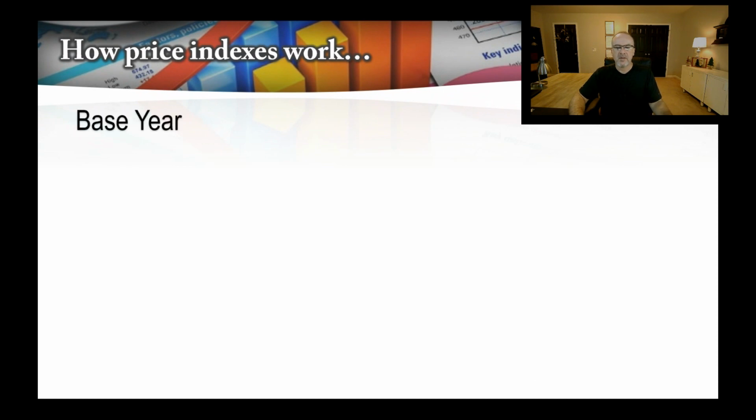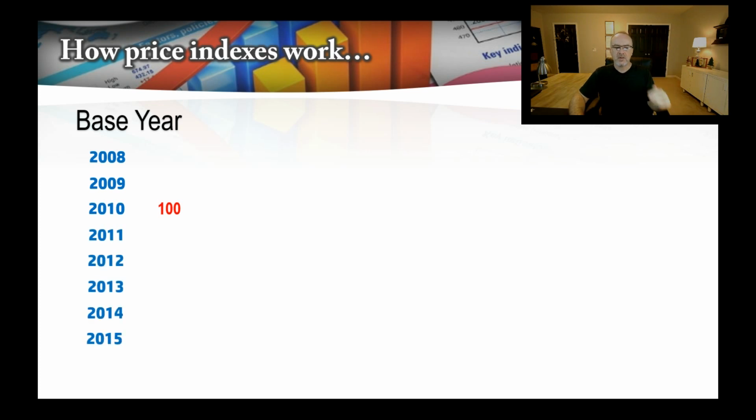First of all, you come up with a base year. You pick a year, let's say 2010, and indexes use different years. But you pick a year and you make that year equal to 100. That's called the base year or the baseline. And then what you do is you just add the years around that. And you calculate off of that 100 based on the amount of inflation that existed in that year.